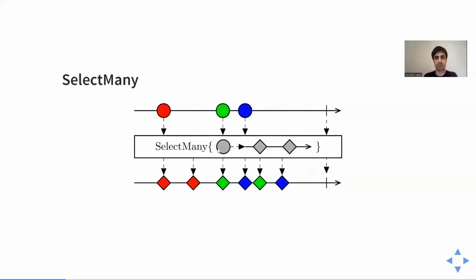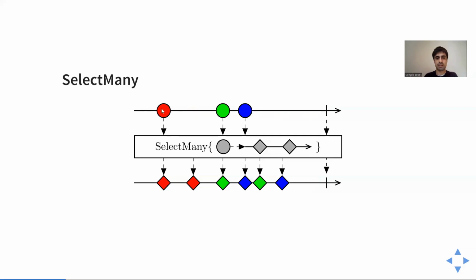Now, SelectMany is a generalization in the sense that for each input, you can actually generate more than one output. And the way this is done is by specifying a workflow that is passed inside SelectMany, that is run when an input value from a notification arrives.